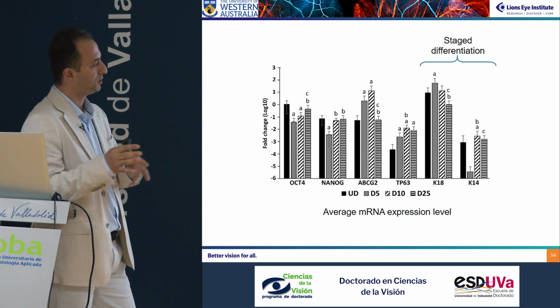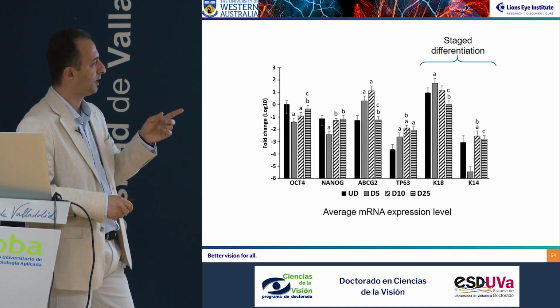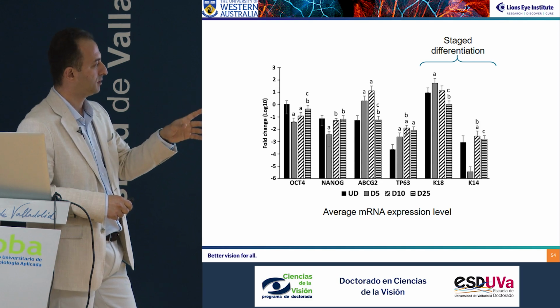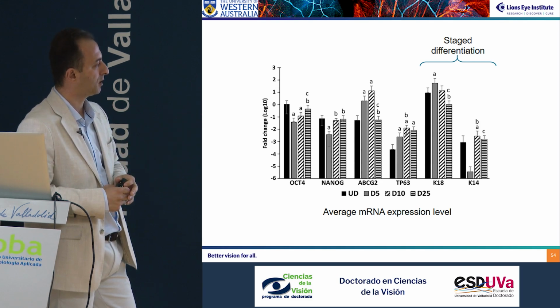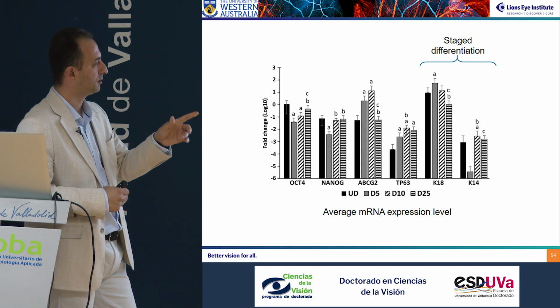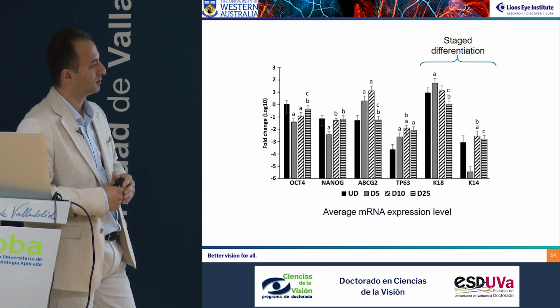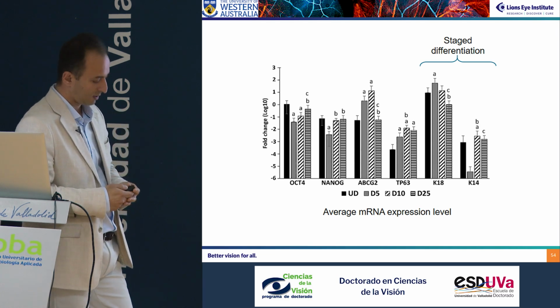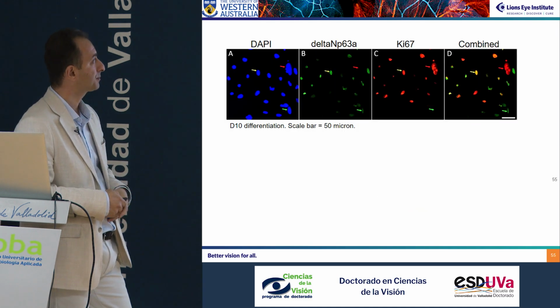And in our differentiation process, we observed that at day 5, K18 was the predominant cytokeratin, and at day 10, cytokeratin 14 was the predominant, which also follows the embryological differentiation of the limbal stem cells.